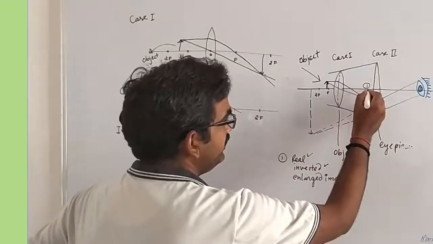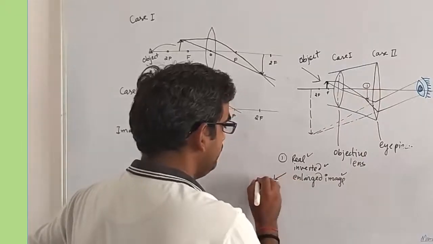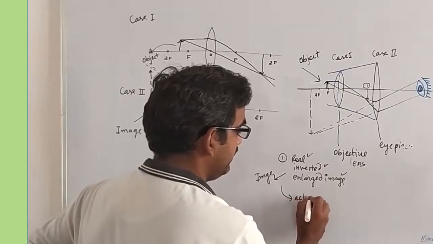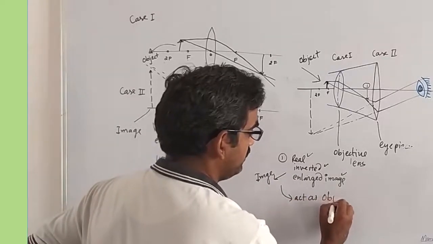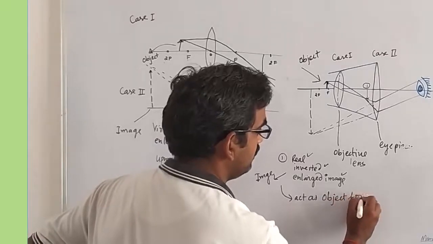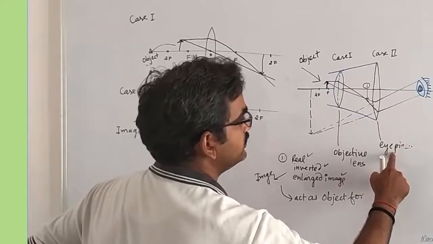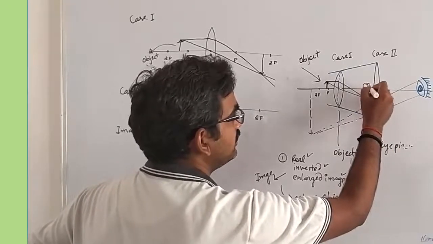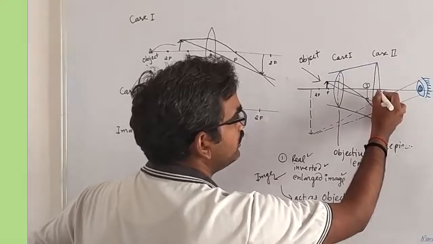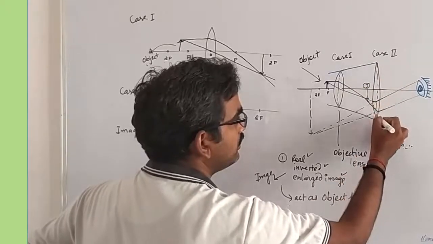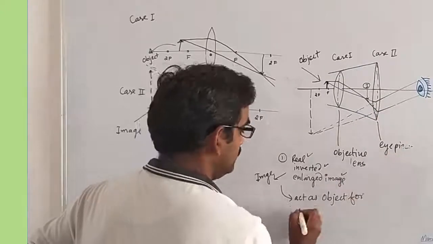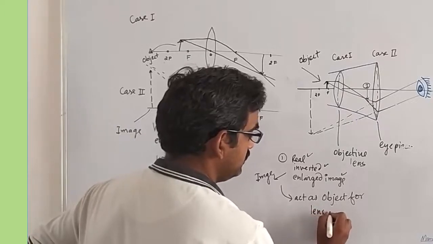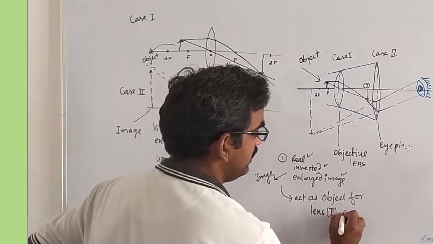And this image acts as the object for what? The eyepiece. So this image 1 acts as the object for lens 2, that is the eyepiece.